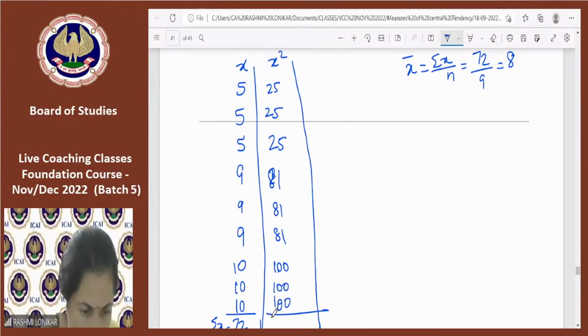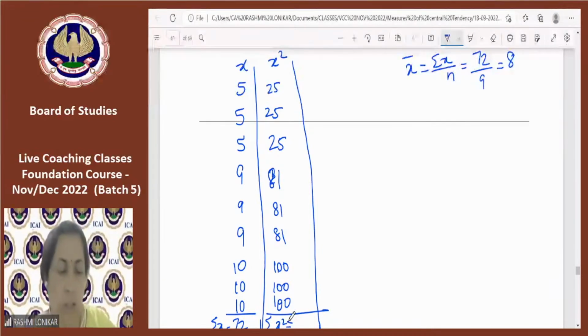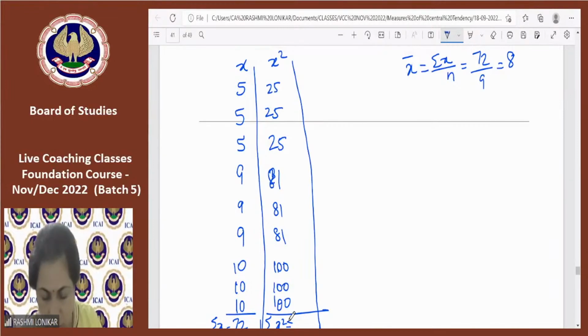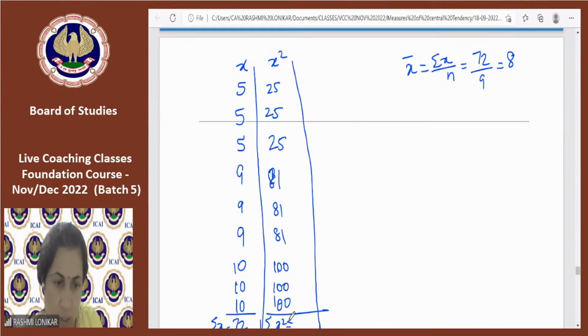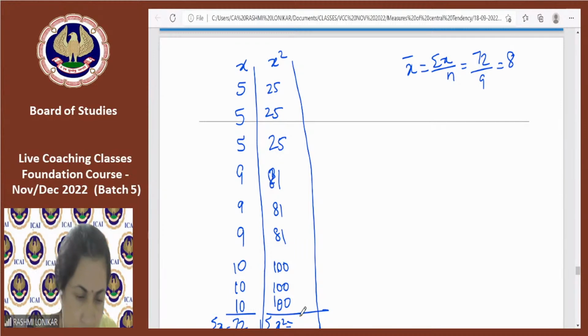Now what will be the summation x square? This will be equal to 618.